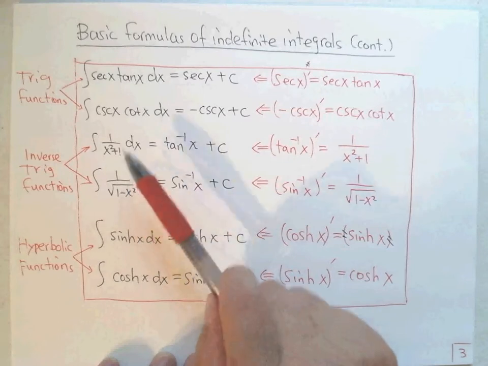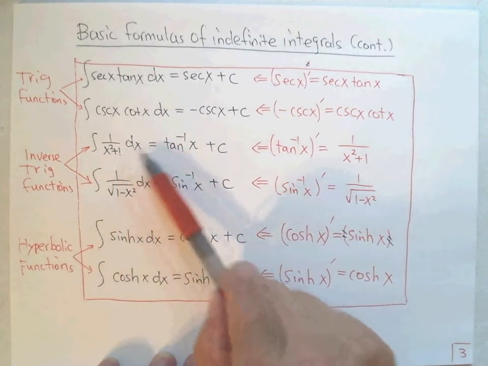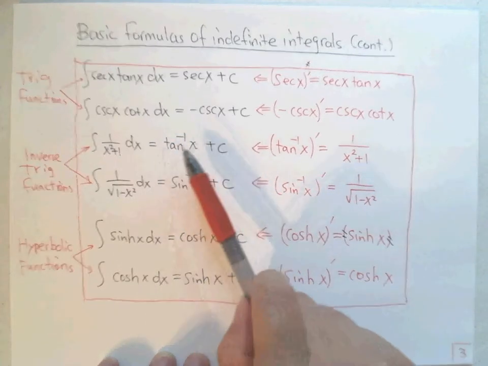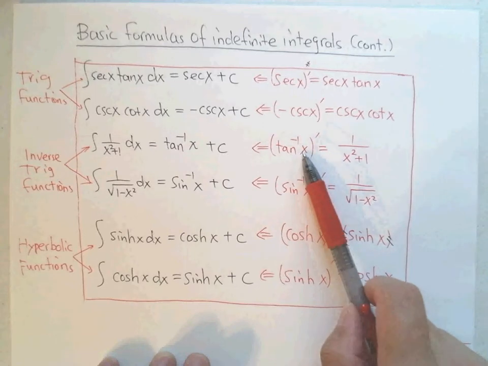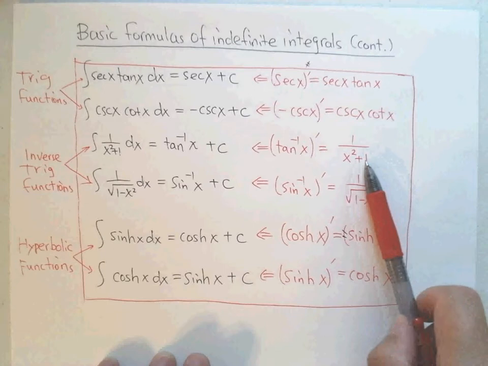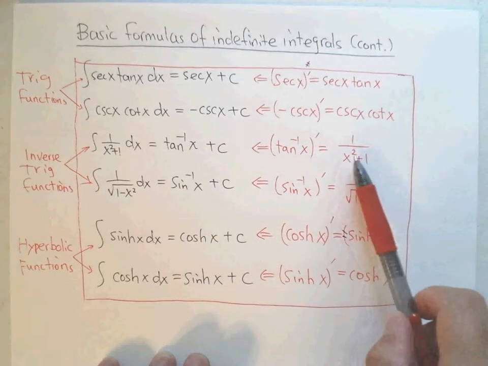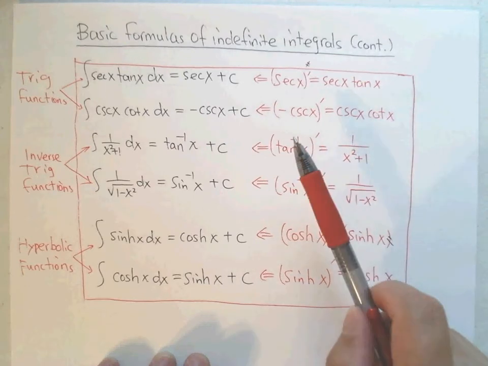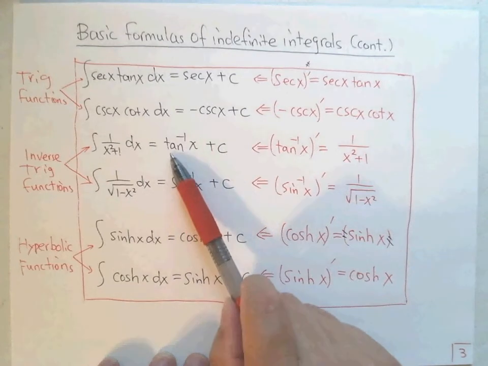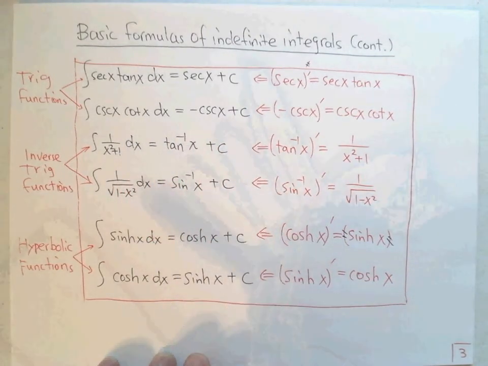Two more formulas for inverse trig functions. We look at what is the derivative of inverse tangent. Inverse tangent take a derivative goes to 1 over x squared plus 1. Okay, so that means 1 over x squared plus 1 has the antiderivative inverse tangent.